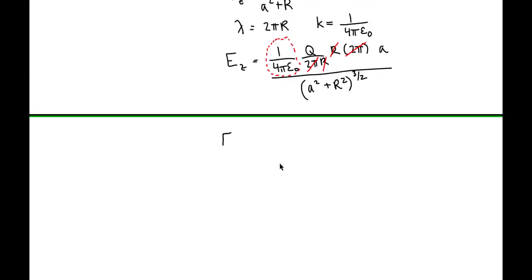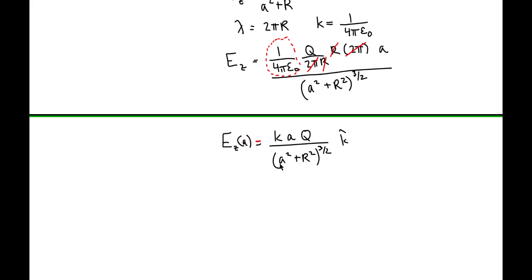This means that we have the electric field is equal to k a q over a squared plus r squared to the 3/2 power. And this represents a point a on the z-axis.